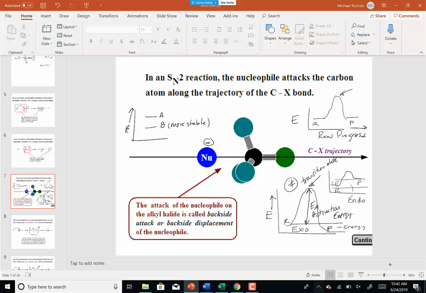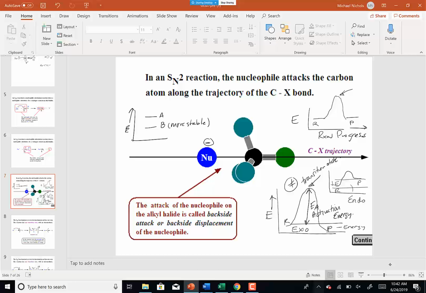So the transition state is a species that has such high energy that it only exists for a split second. I can't put a transition state in a bottle and study it. Probably the only place I can study a transition state is on the computer, because it's not necessarily a real species.